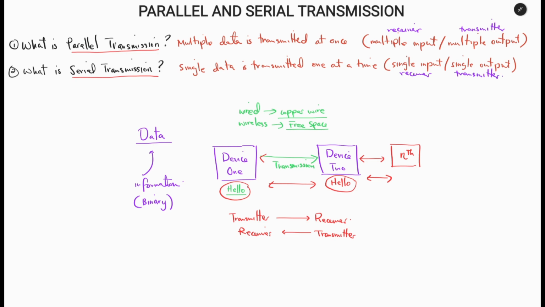And this can give you an idea of what we mean by a parallel transmission and a serial transmission. Now I will give you a graphical explanation of what parallel transmission and serial transmission of data are.